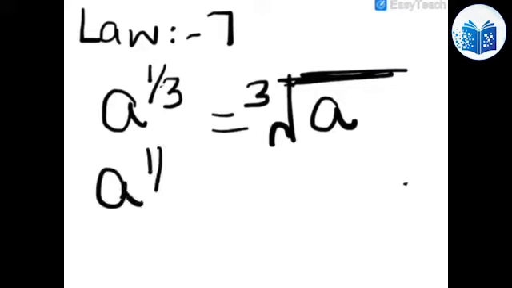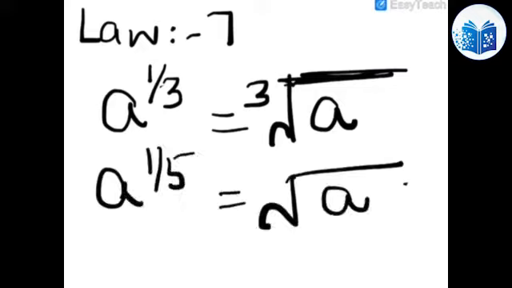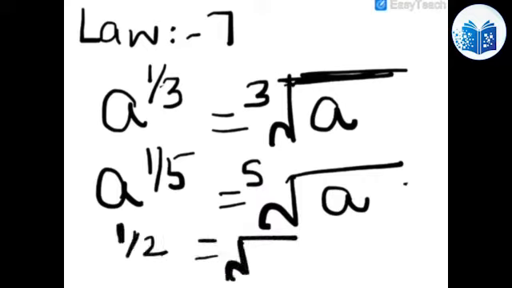For example, if I write 1 over 5, then the index of the root will be 5. I hope it's clear. Only for half, this half thing is equal to this square root. Whenever we are writing any value under this root sign, it means it has half as its index. Okay, so this is law number 7.